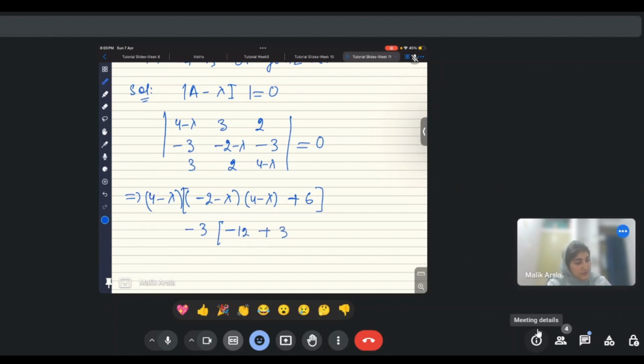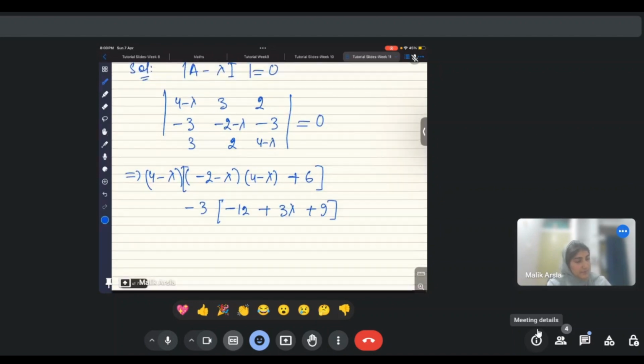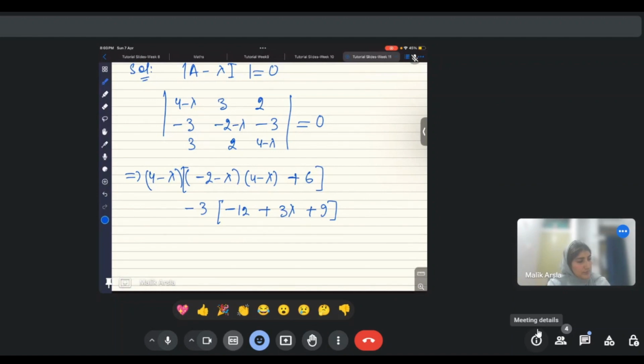Plus 3 lambda, plus, and the last one is 2 into minus 6 minus, will be plus 6 plus lambda is equal to 0.